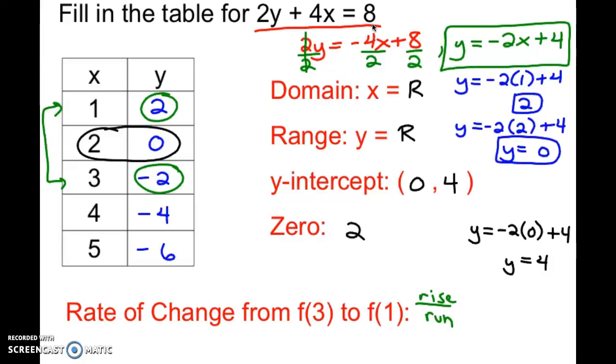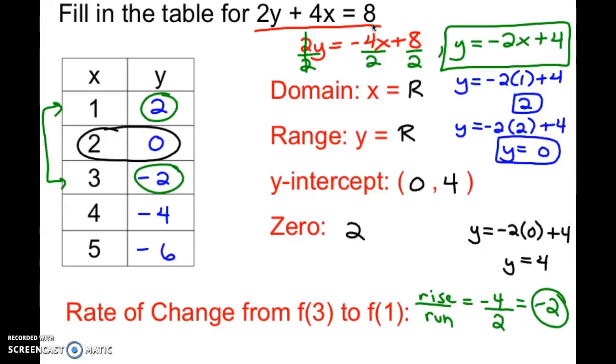Okay, it's going from -2 to 2. You went from 2 to -2, so -4. And your x values from 3 to 1 are changing by +2. So it should be -2, which makes sense because that is your slope. And it should be the same slope you got up the top.